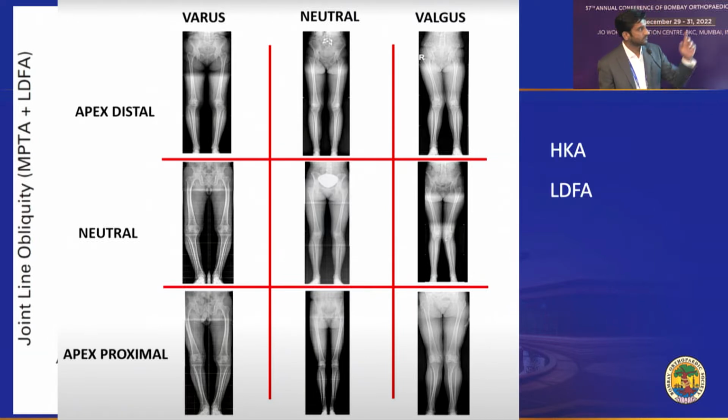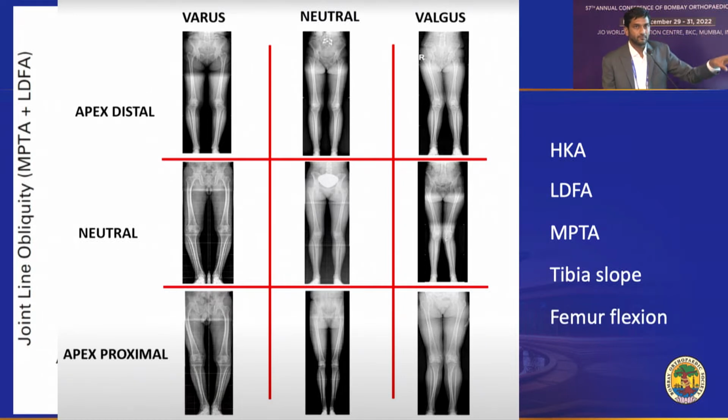So what we measured was HKA, LDFA, MPTA, tibial slope, femur flexion, all of this before surgery. Then we do the knee replacement, see on the robotic platform screen before the end of surgery what we've achieved, and then do the post-op scanograms and check what we've achieved: is the robot actually getting there?